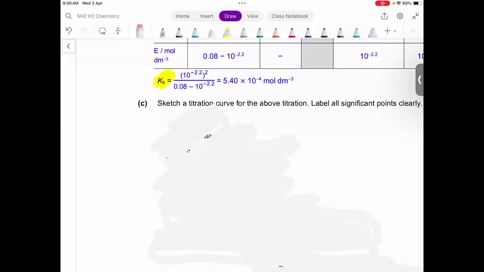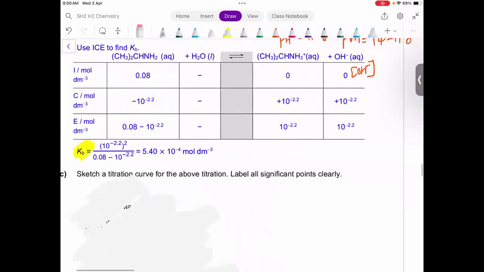Did anyone use this instead? You use the concentration of OH minus equals the square root of Kb multiplied by the concentration of your amine.